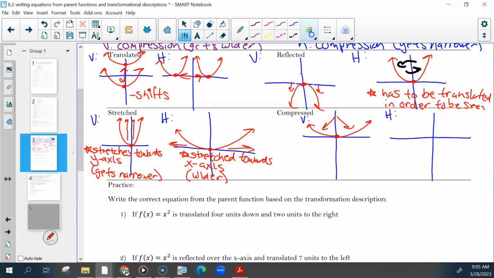So I would write that note as shrinks away from the y-axis.